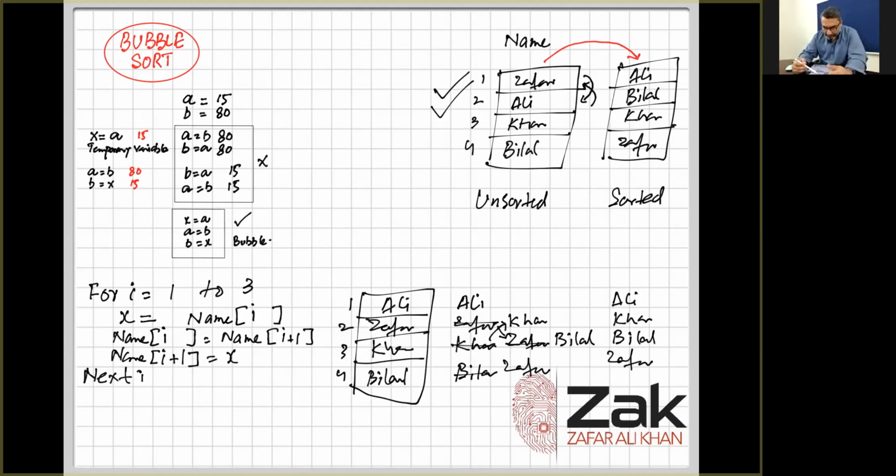You need to understand two things over here. Number one, that loop was not until 4 for the reason that we have been using I plus 1 here. If I go up till 4, I plus 1 will become 5 at the end of the loop, and there is no fifth element. That is a runtime error.